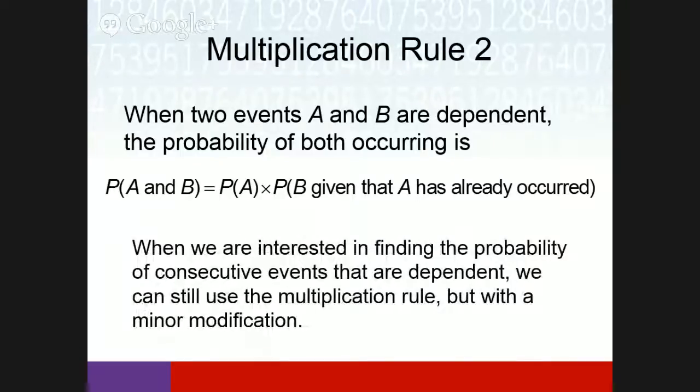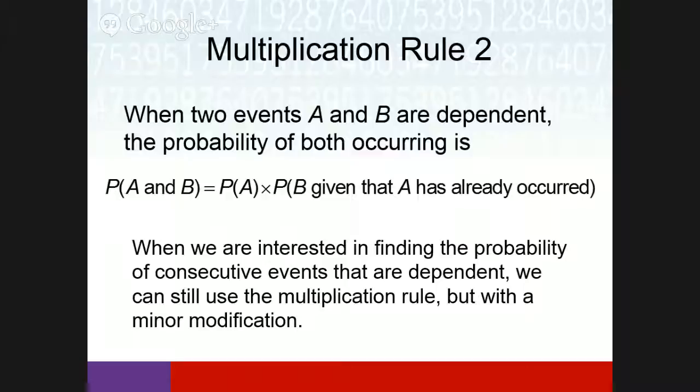Again, this looks really scary, but it's not. So like we said, in events A and B that are dependent, if we want the probability of A and B, we take the probability of A times the probability of B given that A has already occurred.